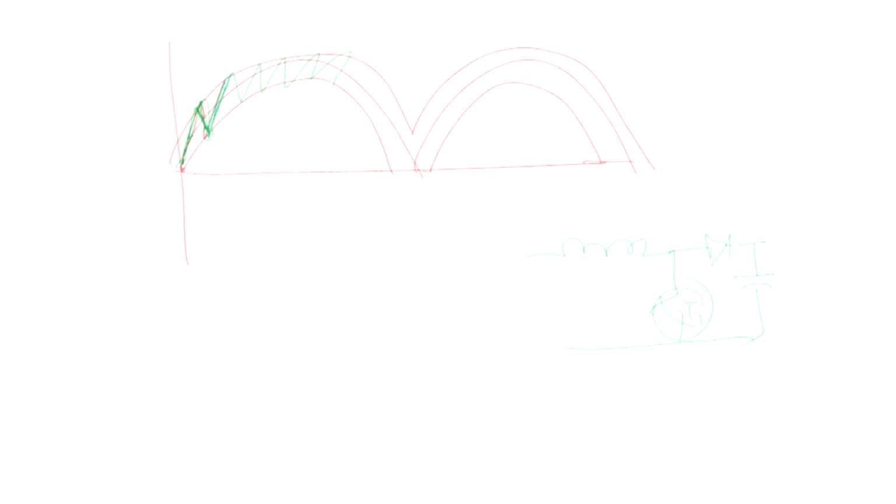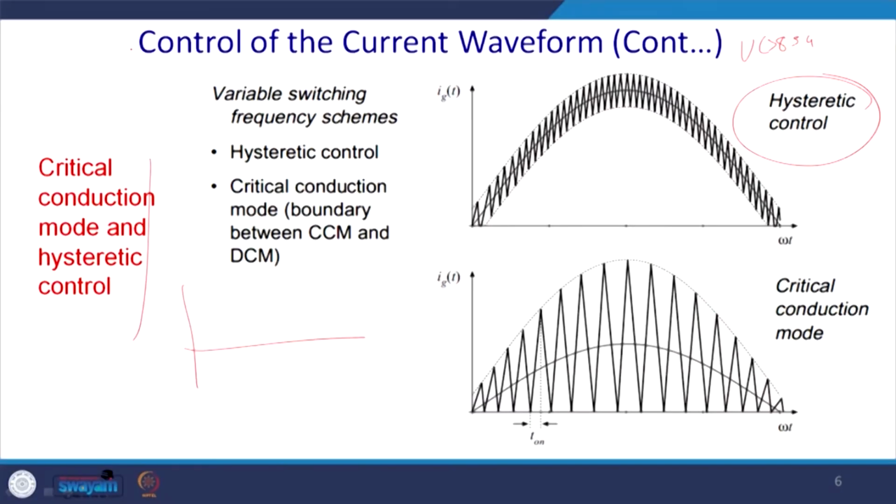So, this ramp is basically the MA. In that way this chip will work. This is the case of the hysteresis controller, and there is one chip, the FAN 562, that is the Fairchild chip.